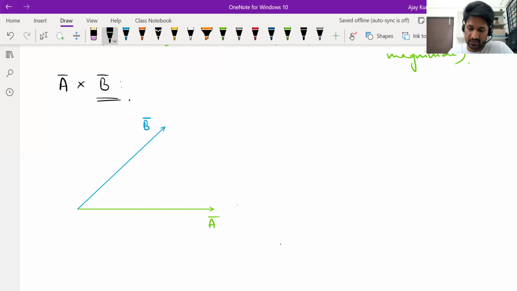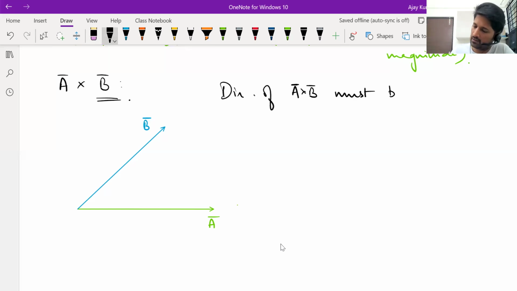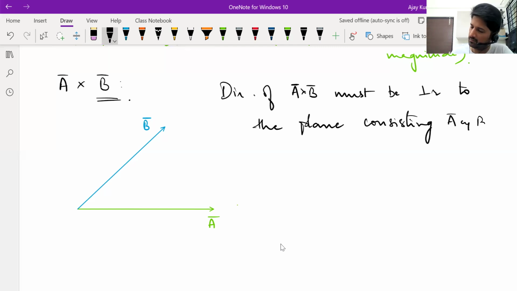Now, how did they define the direction of the cross product? They said that the direction of cross product, the direction of A cross B must be perpendicular to the plane consisting the vectors A and B. Like in this case, if you visualize vector A, vector B are in the plane of your screen, then what is the direction perpendicular to this plane?